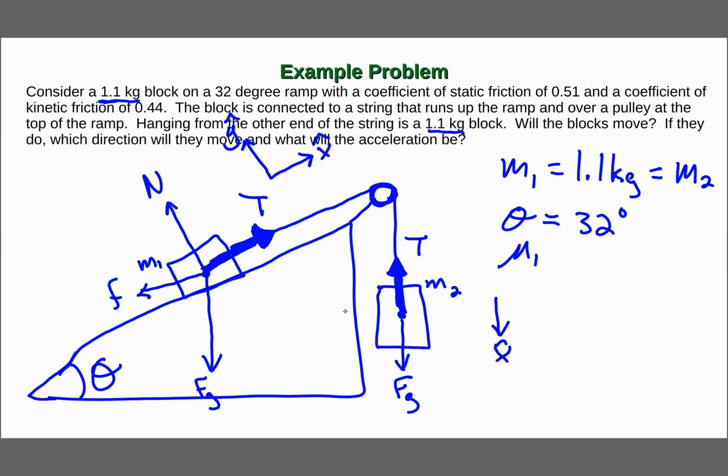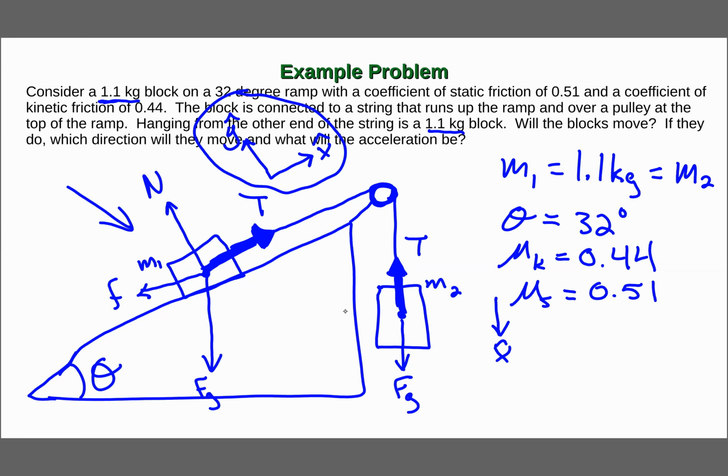And mu sub k is 0.44. And mu sub s is 0.51. Okay? Now remember, in this coordinate system for this top block up here, this coordinate system puts all of our forces along the coordinate system except gravity.